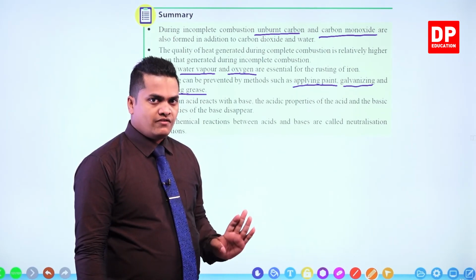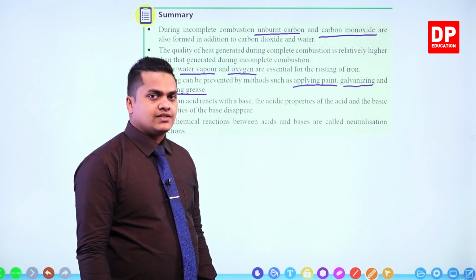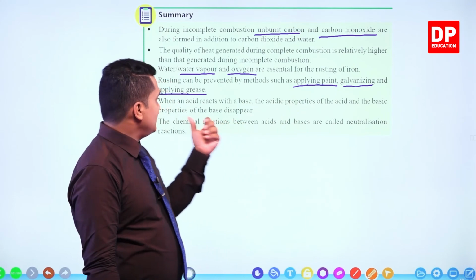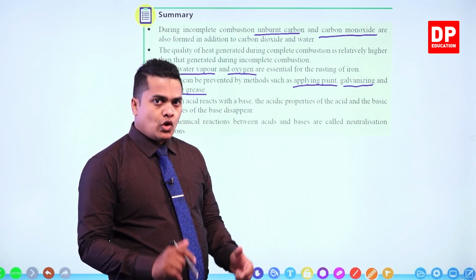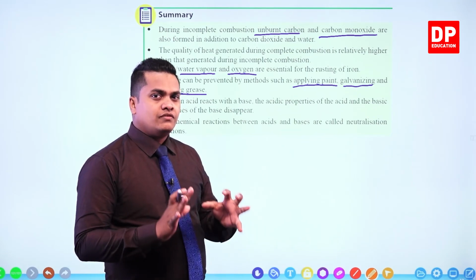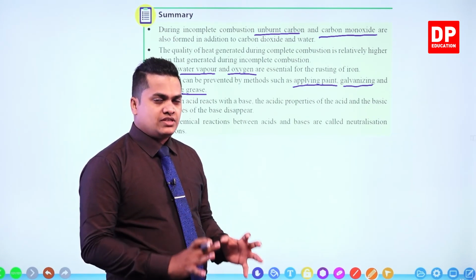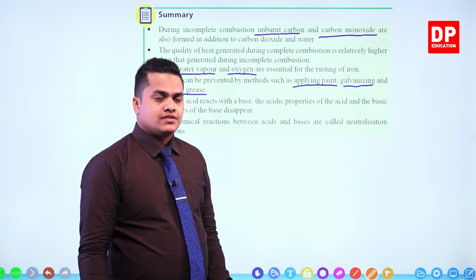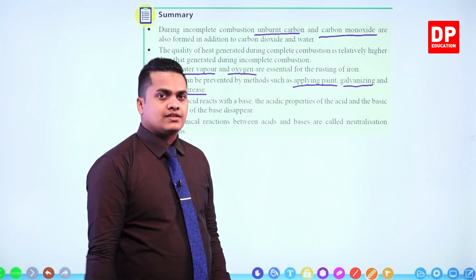One is water vapor, and the second is oxygen gas. So by applying paint, galvanizing, and applying grease or oil, we can avoid the contact of water and oxygen gas with the iron surface. In that way we can prevent the rusting of iron.